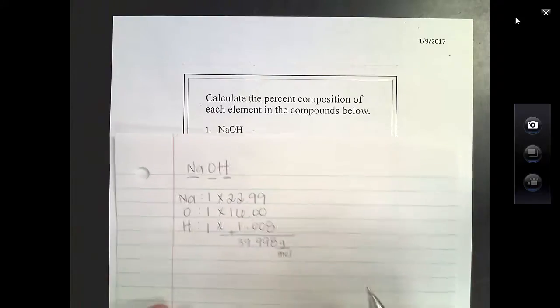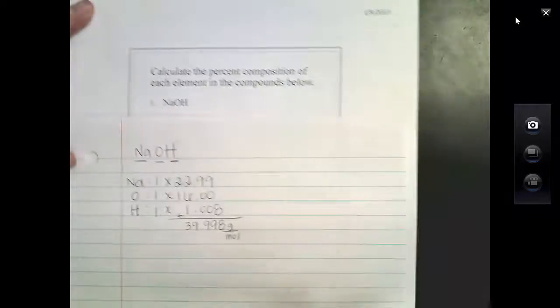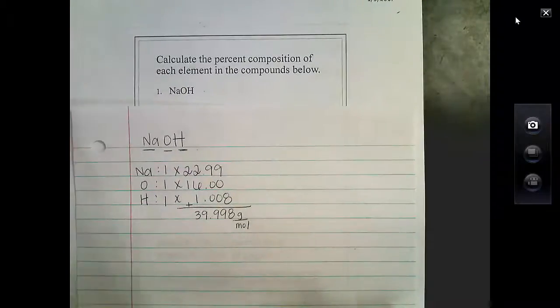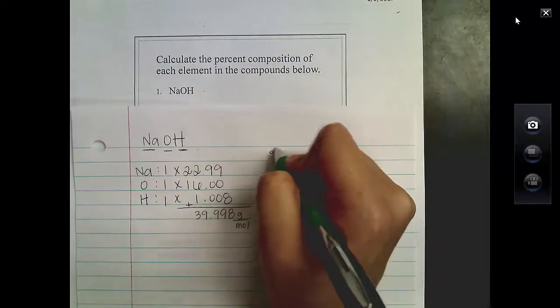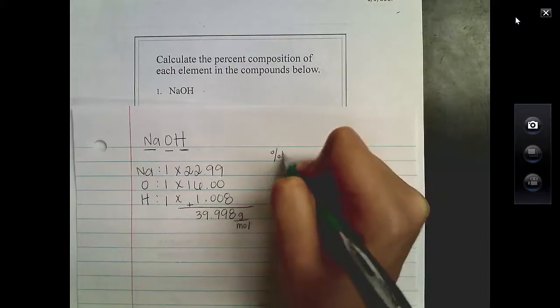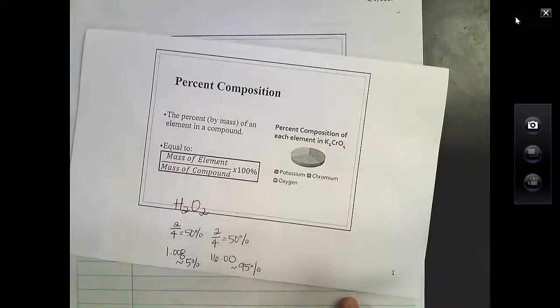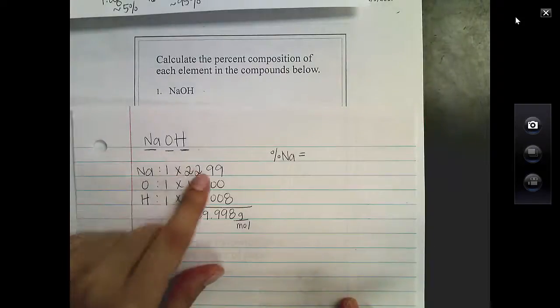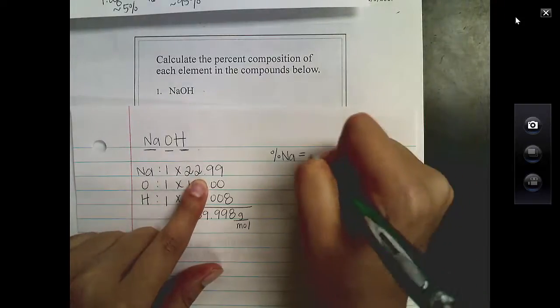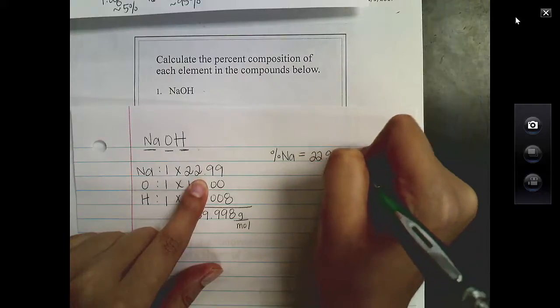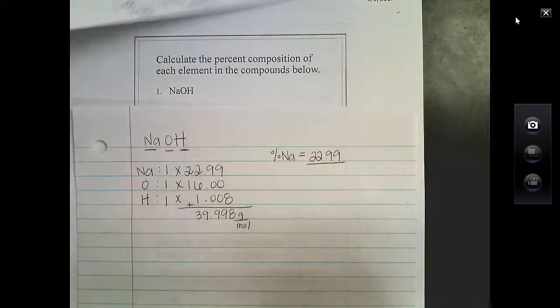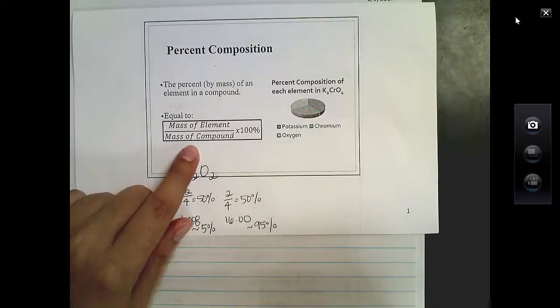Now, if I want to use this to calculate the percent composition of each element, I can say, well, the percent of sodium is going to be equal to, go back and look at your equation, the mass of the element, which in this case is sodium. So our mass of sodium is 22.99, divided by the mass of the compound.